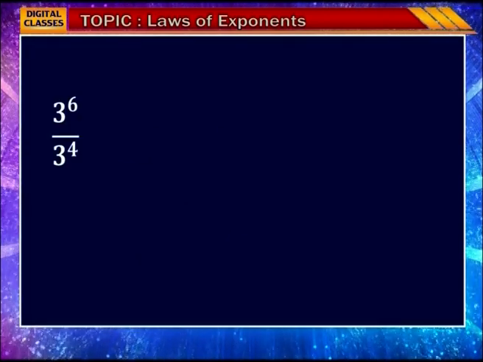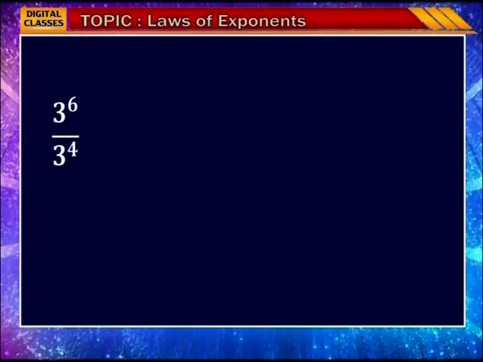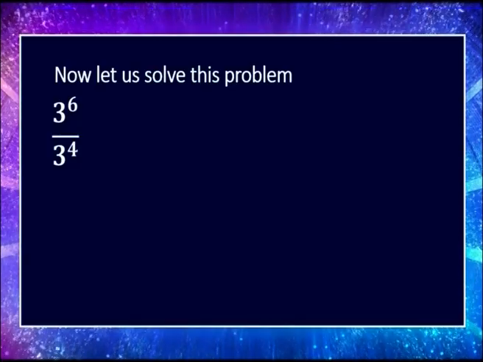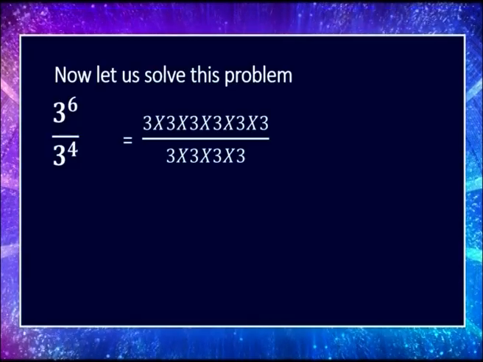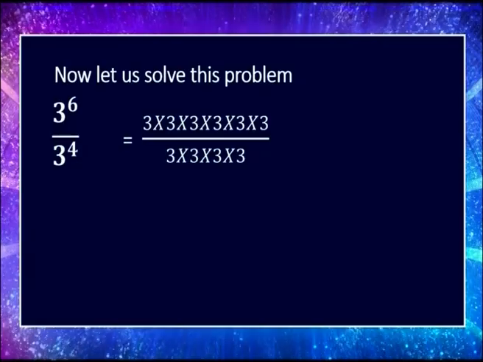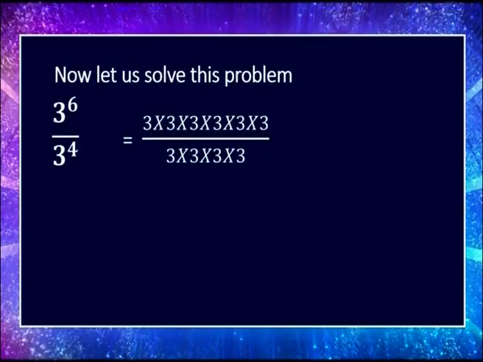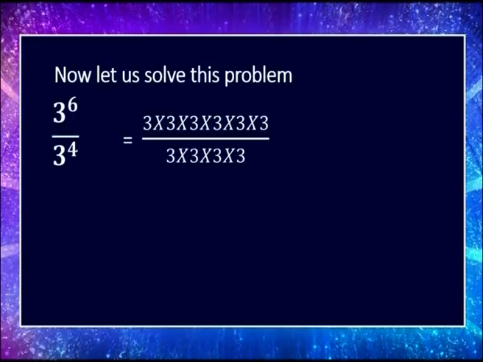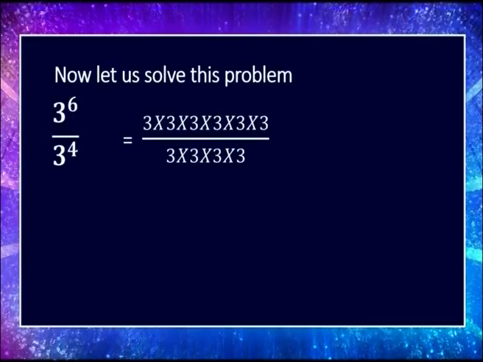Now look at this problem. There is a division in between these two exponents. Now let us solve this problem. 3 to the power of 6 can be written as 3 into 3 into 3, 6 times. And 3 to the power of 4 can be written as 3 into 3, 4 times.